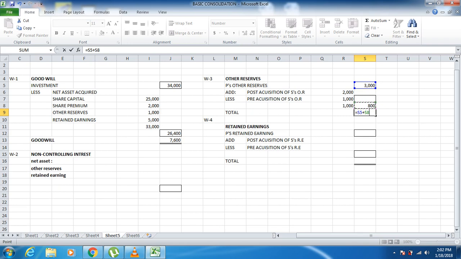This is the amount of total other reserves, and we will calculate the amount of retained earning.